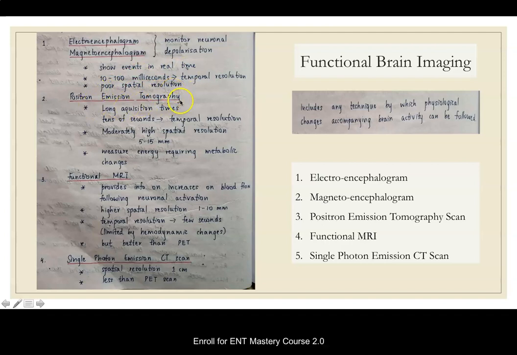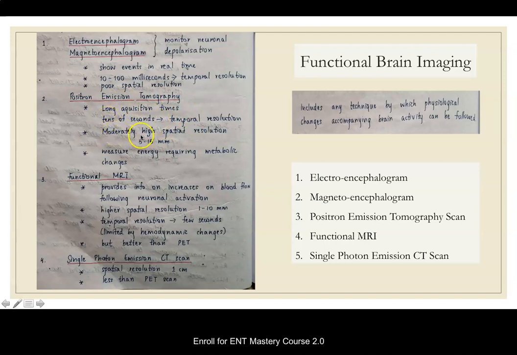Positron emission tomography has long acquisition times. You will read about it. You need to give a radiotracer and the radiotracer needs to be concentrated at certain areas of interest. So that takes some time, long acquisition times, and the temporal resolution is tens of seconds.